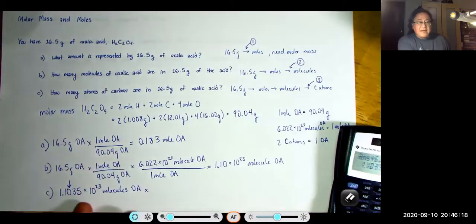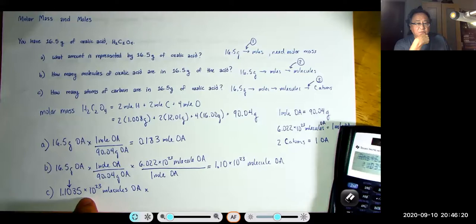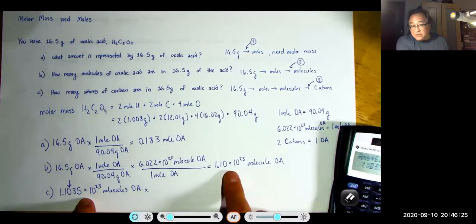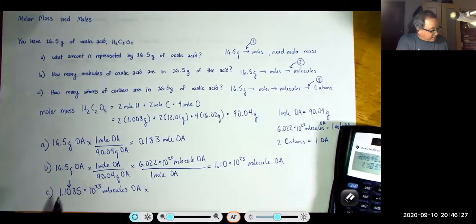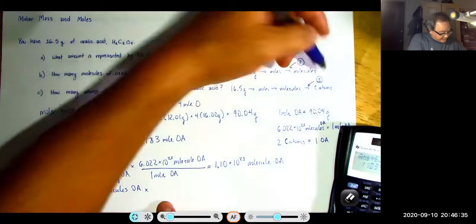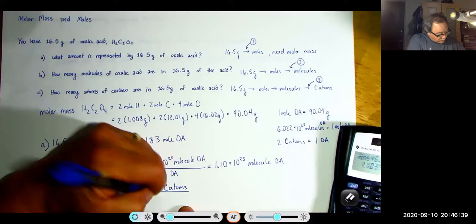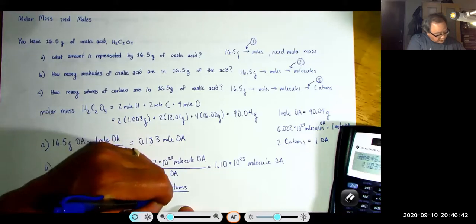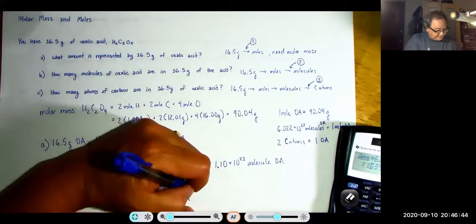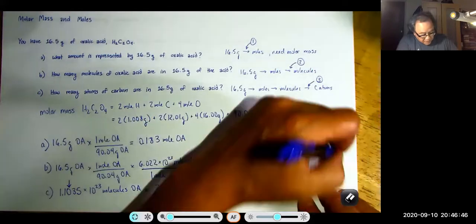The reason I'm doing that is because we're not supposed to round early, and if we started with this number, that would be rounding early. I have a little arrow pointing out that this is good to 3 sig figs because of the 3 sig figs here. And here, our last thing is that we have 2 carbon atoms per 1 molecule of oxalic acid. So here I could put the word molecule here.